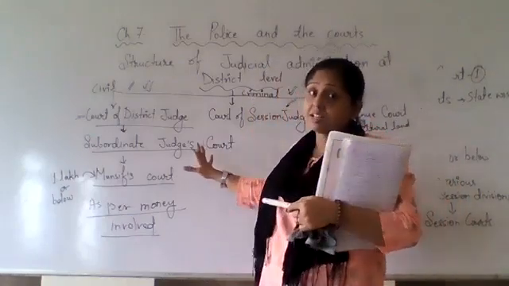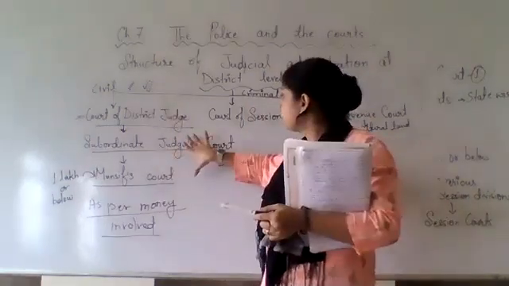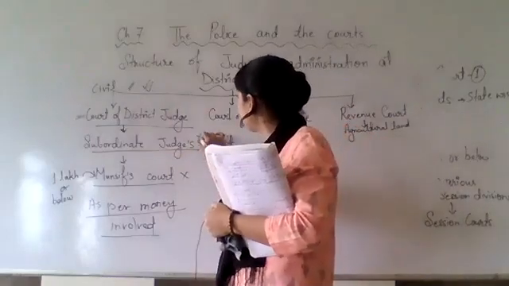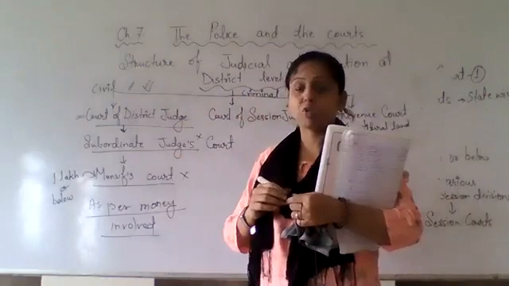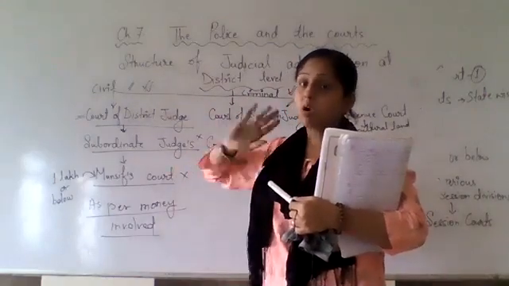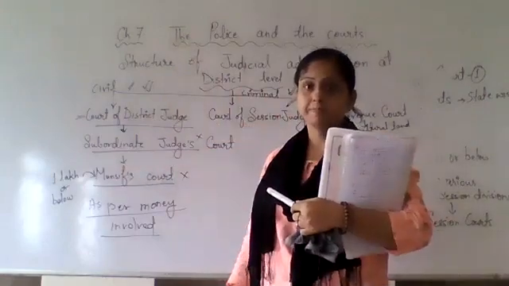So it is divided like this. Suppose this municipal court is not there, subordinate judge court is not there, what will happen? All the cases will directly go to district judge.